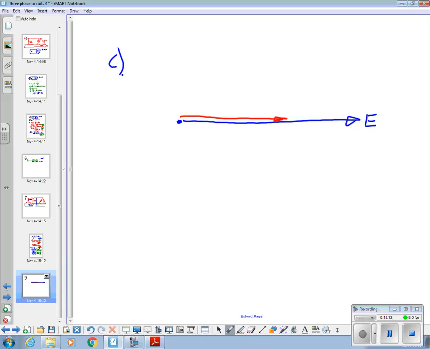Which current is that? That's the in-phase current, which is IP. Where's the out-of-phase current?